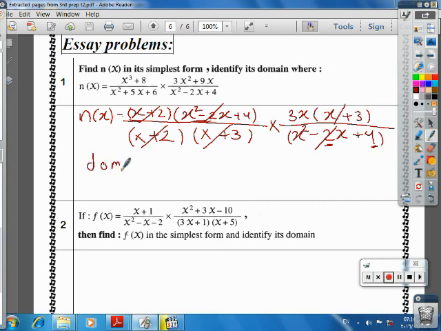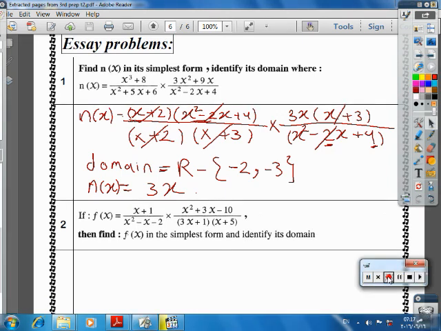Domain equals R minus the two denominators' zeros, x plus 2 and x plus 3, then negative 2 and negative 3. After that we can complete solving, then n(x) equals 3x, and that is the final solution. Okay, today we have finished all exercises about operations in algebraic fractions.